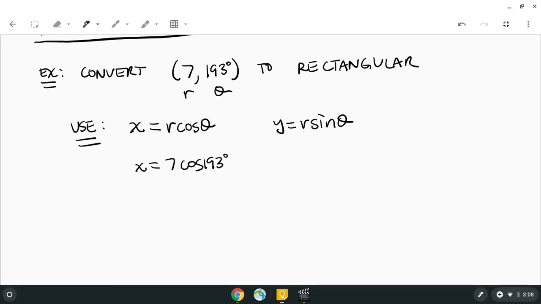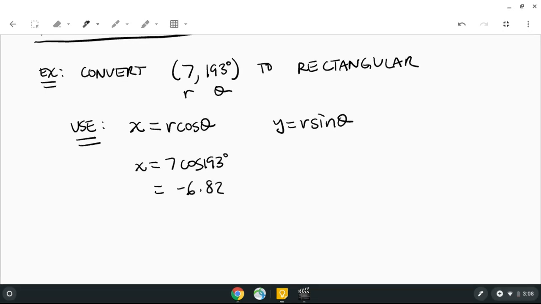Make sure your calculator is always in the correct mode. If you're punching in degrees, make sure your calculator is in degree mode. If you're punching in radians, make sure your calculator is in radian mode. Punching that into your calculator, you should get negative 6.82.